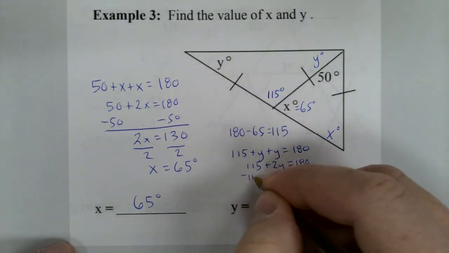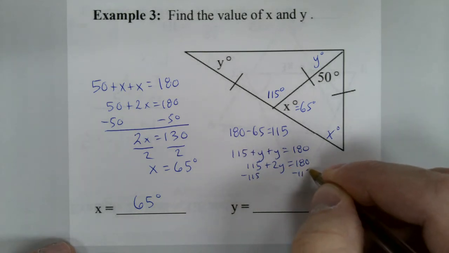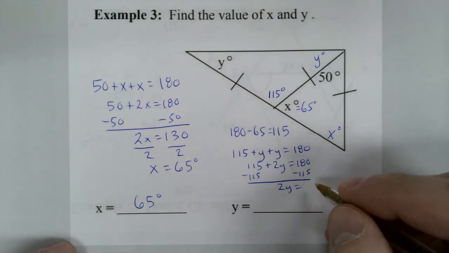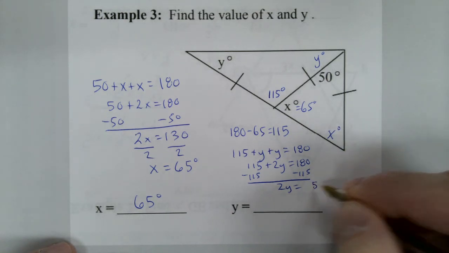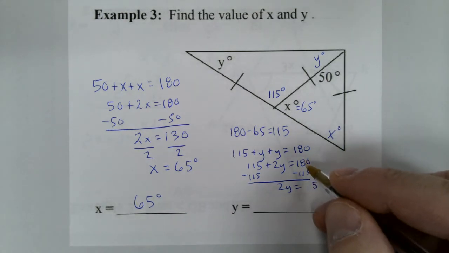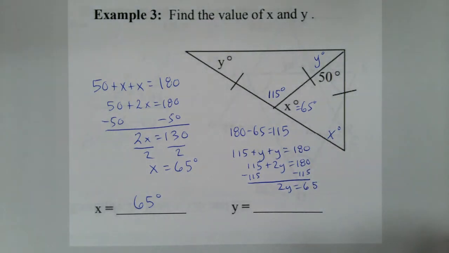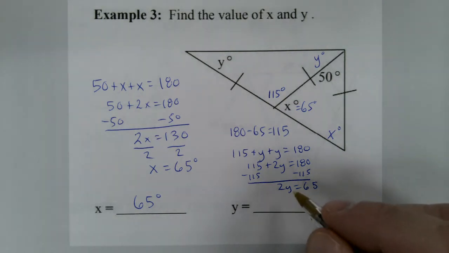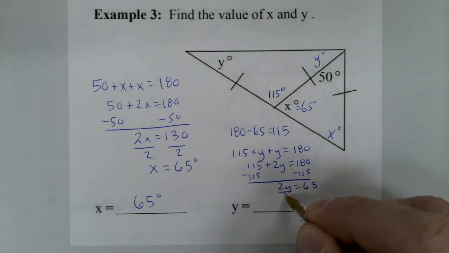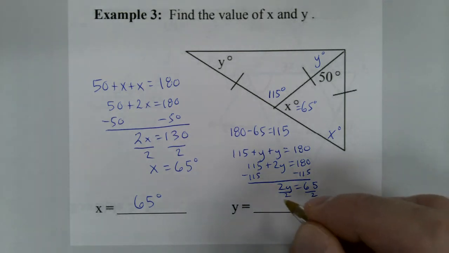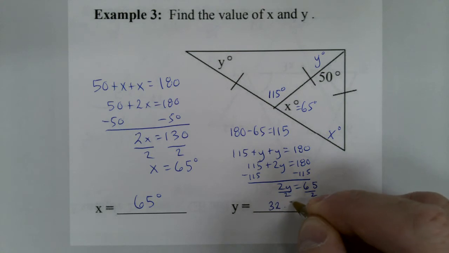If I subtract the 115, 2y is going to be equal to 65. And then if I divide by 2, 65 divided by 2 is going to be 32 and a half.